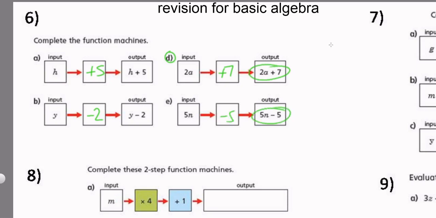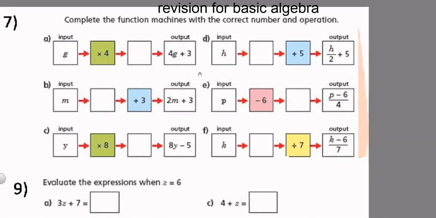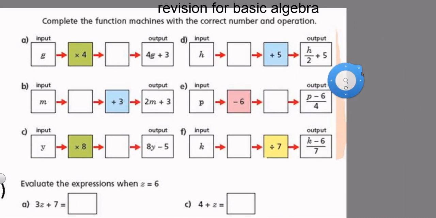Let's move on to question 7. We can see these function machines are a bit more complicated. Because you've got the input, and then it does two things, and then you get the output. So you just compare the input with the output.